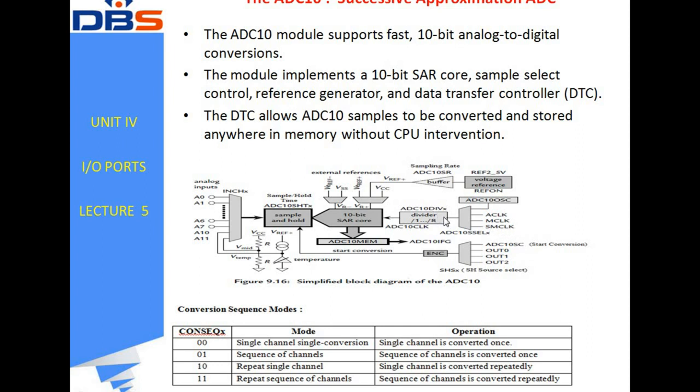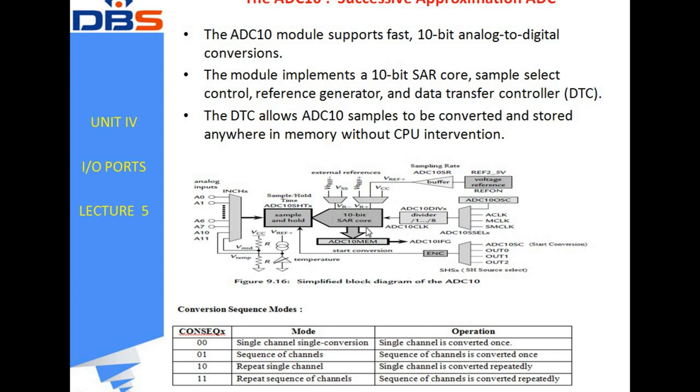That means among these 4 clock signals, only one clock signal will be accepted, and it is going to send the clock to the divider section. Based on the divider section, we are going to divide by 1 or 2 or 4 or 8, then that will be given to this 10-bit SAR.